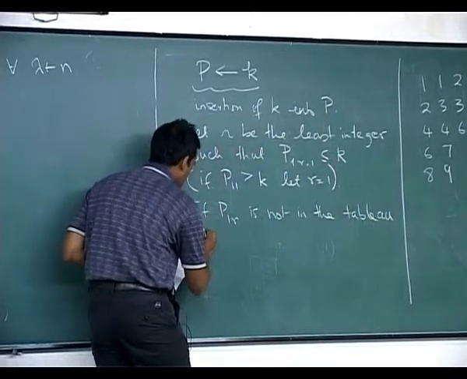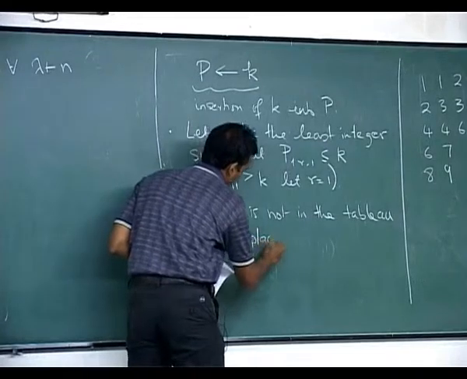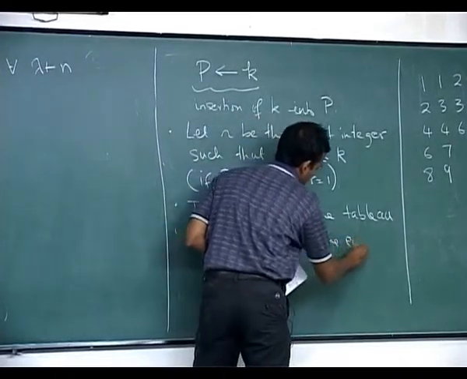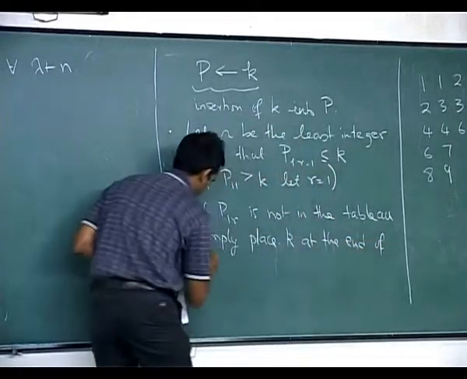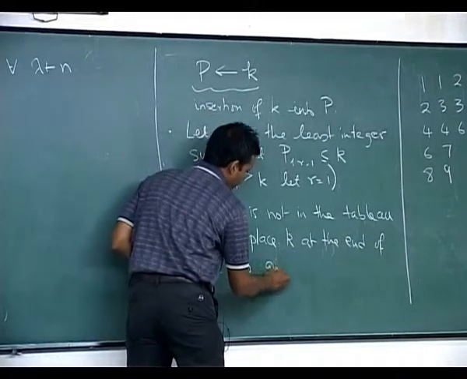Just place k at the end of this row and terminate the algorithm.